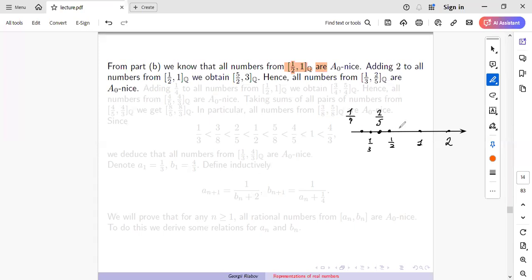Get all numbers from this segment and rational numbers and all rational numbers from this segment. Okay.